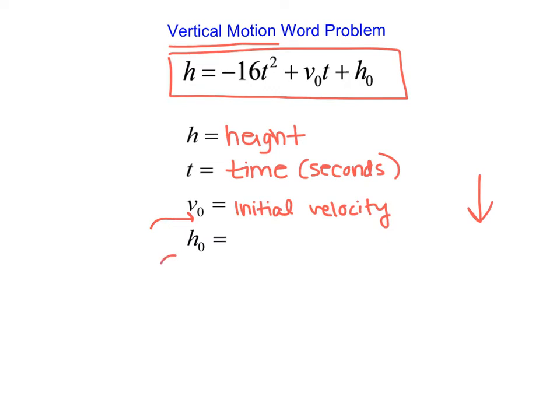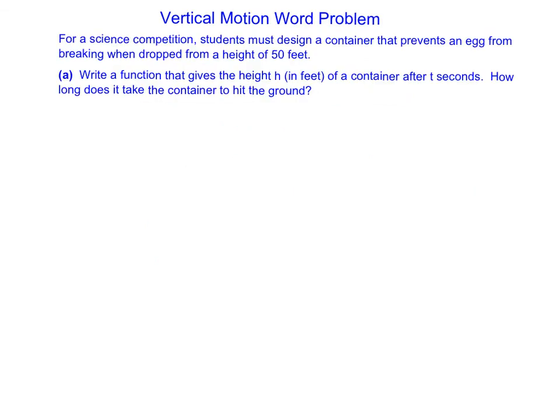And then this h sub 0 here is the initial height of the item. So make sure you know what these values are, as we'll be using this equation in general on any problem that models vertical motion. So let's look at example 2 here together, which deals with vertical motion.